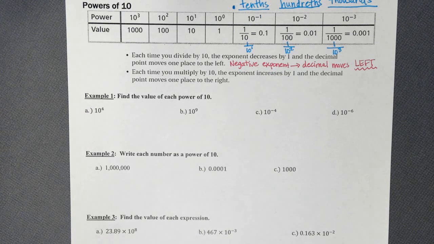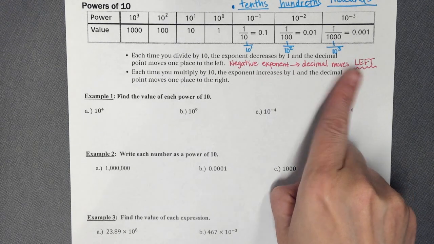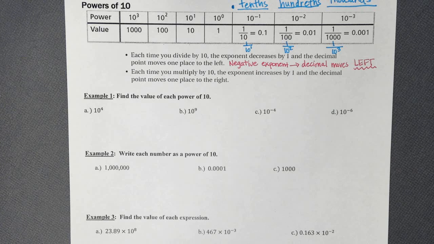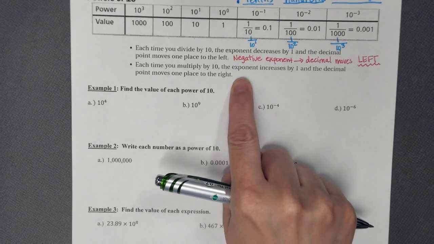Now, each time you multiply by 10, where are we going to move the decimal, you think? If it's increasing. Well, if it's negative, it's going to move to the left, so what's our other situation? If it's not a negative exponent, what kind of exponent are we going to have?